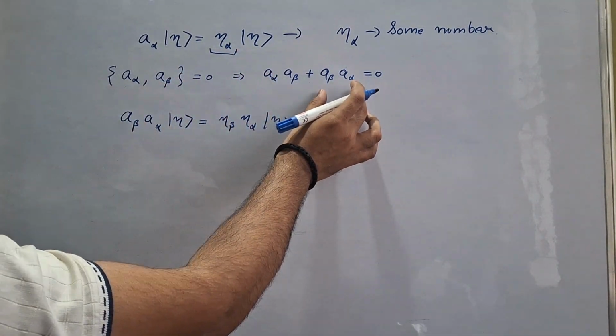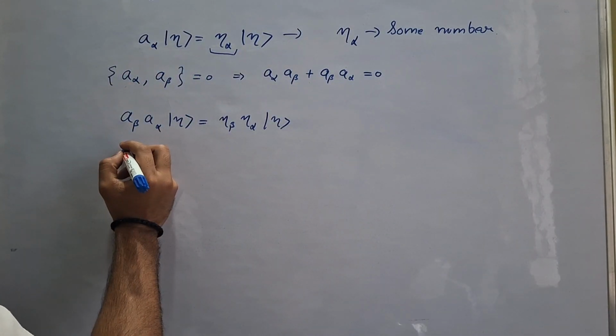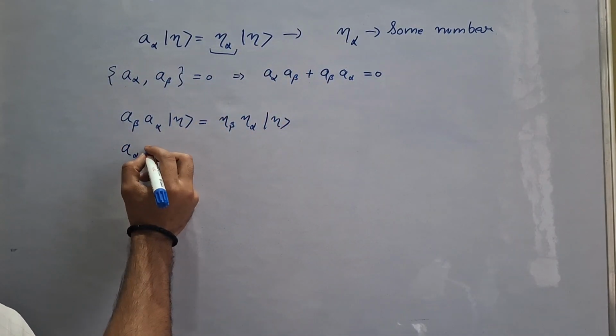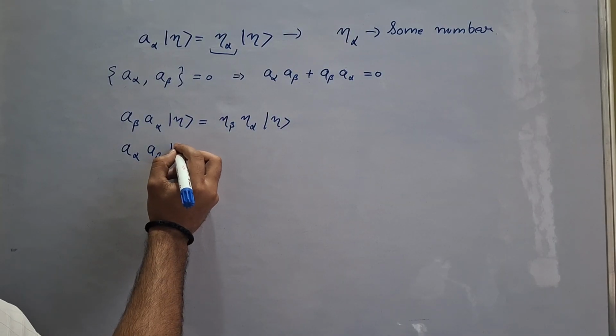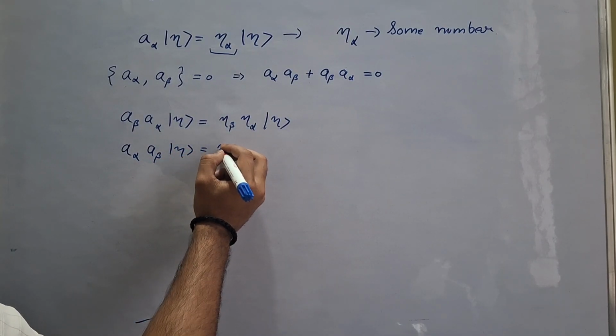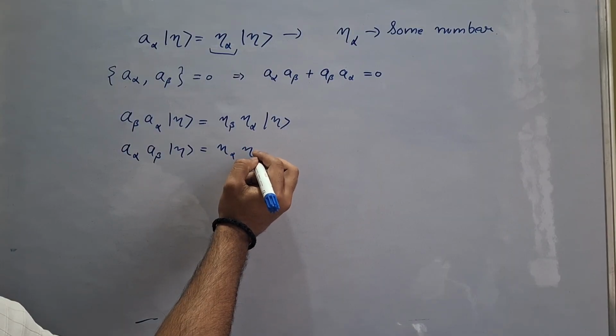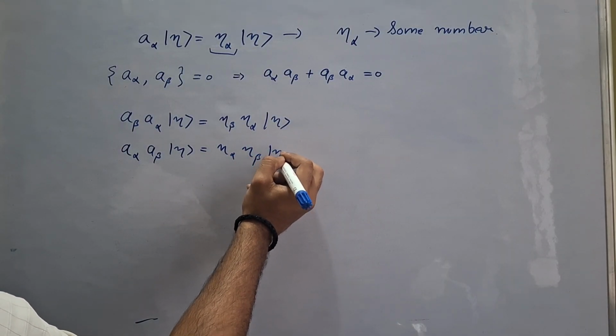And if you act this operator here, which is A alpha, and A beta on eta, this will give you eta alpha eta beta eta, right?